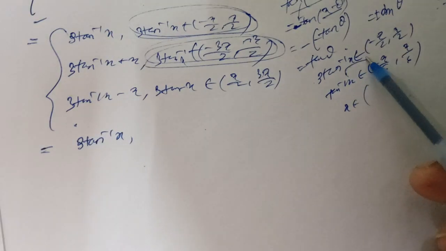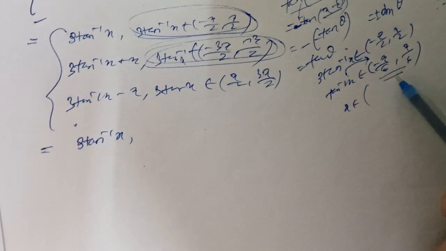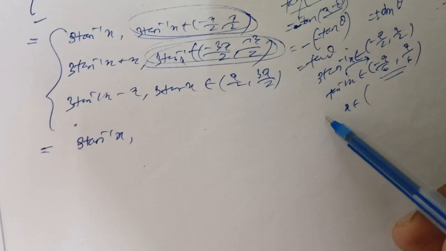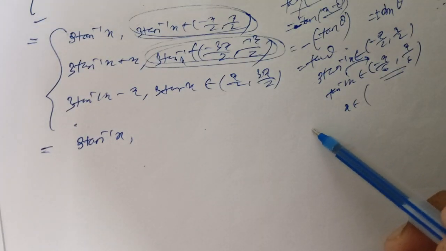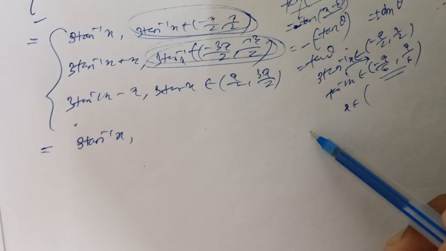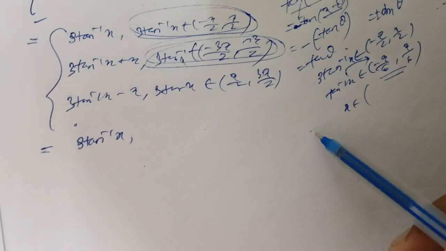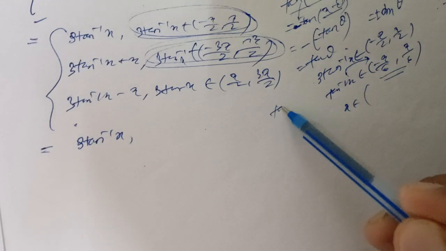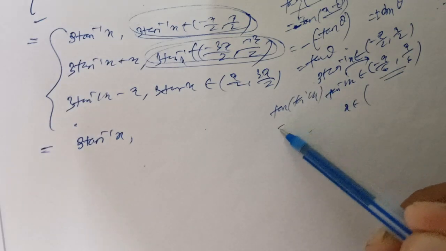We can take the tan on both sides. Why? Because if you remember, in negative pi by 2 to pi by 2, the tan is an increasing function, so we can write this, and tan of tan inverse x is always equal to x.